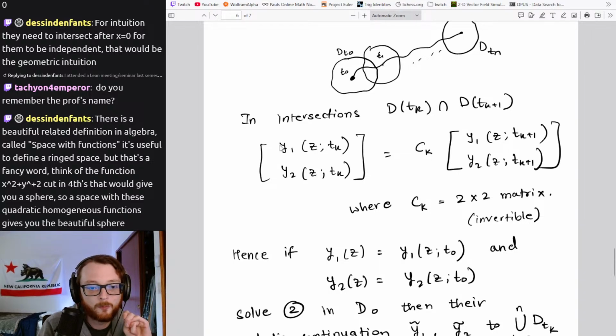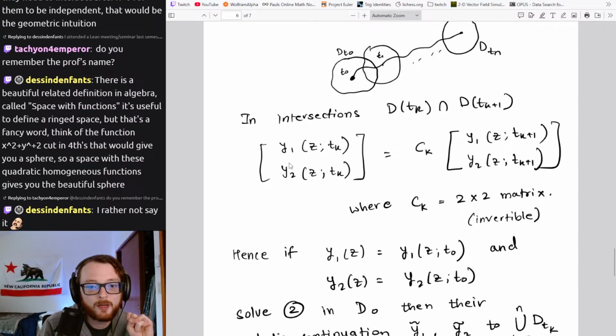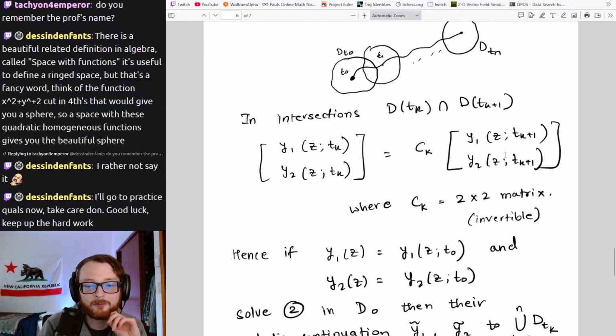I've already forgotten exactly what we were doing with this, but the solutions in the neighborhood of one point are just a linear transformation of the solutions in the neighborhood of another point because of analytic continuations. I should maybe go to office hours and ask this, but the professor wrote this CK matrix here. I don't even know what these elements would be. Are these other functions or are they just numbers? And I don't know what the geometric intuition of having these two functions times a matrix is.